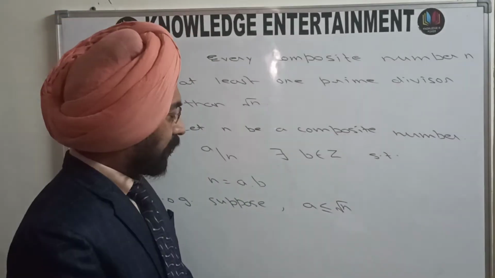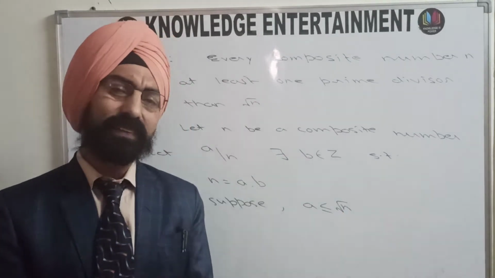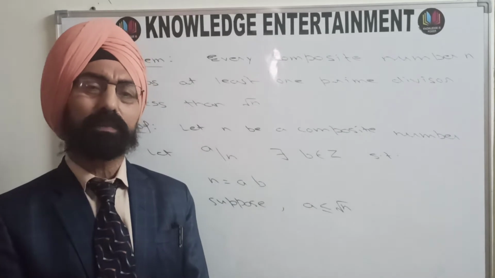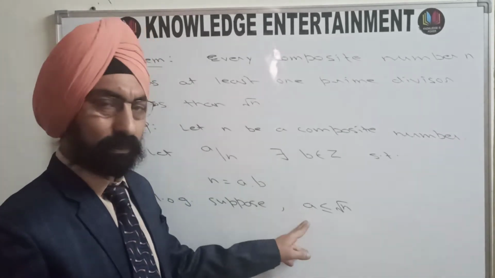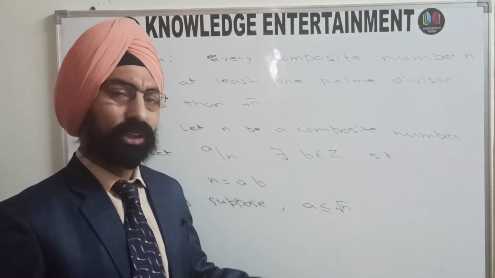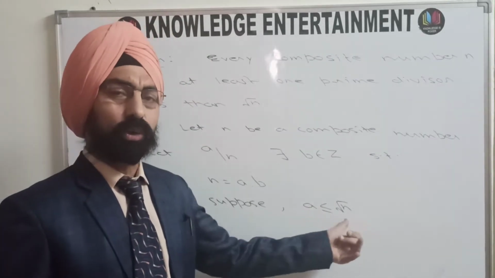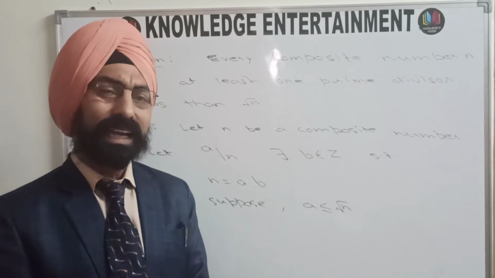Now if a itself is a prime number, then we have proved the theorem, because we have obtained a prime number less than or equal to root n which divides n.